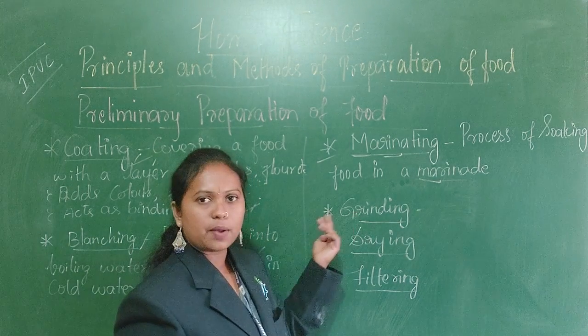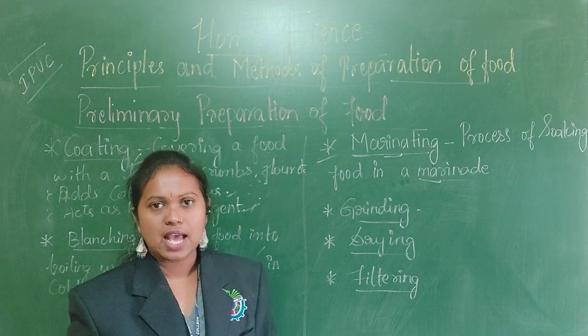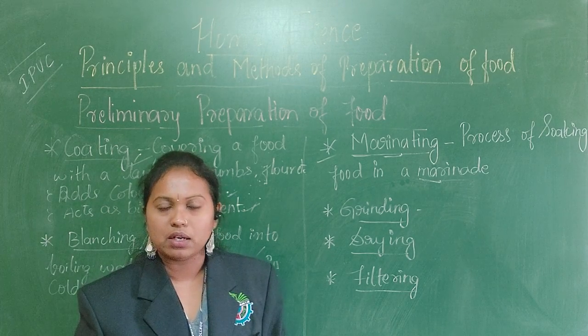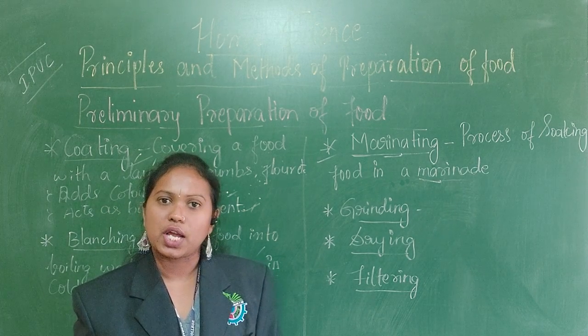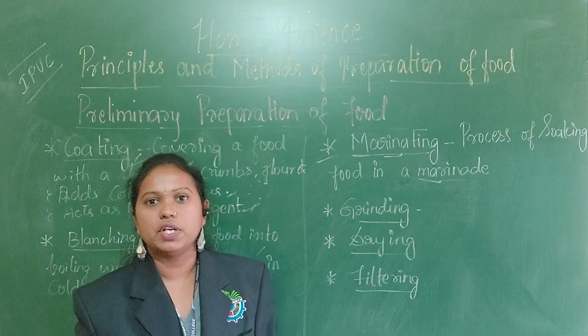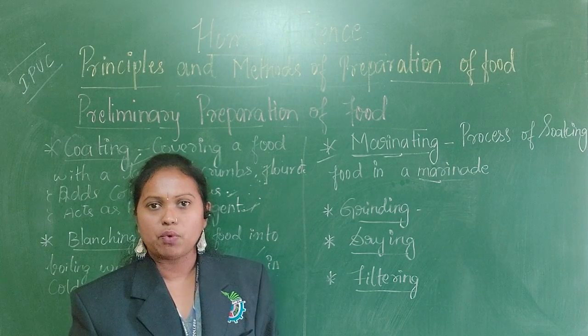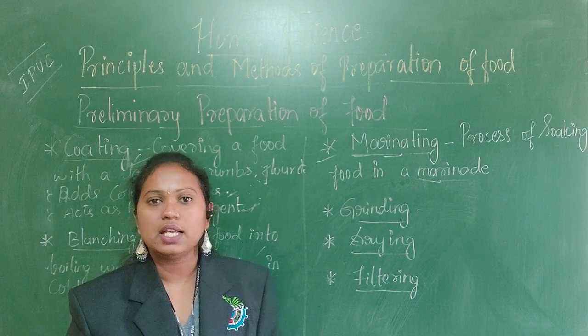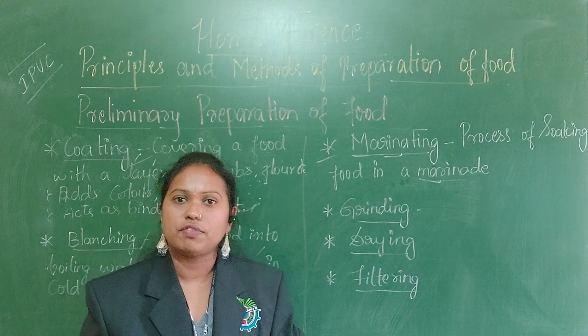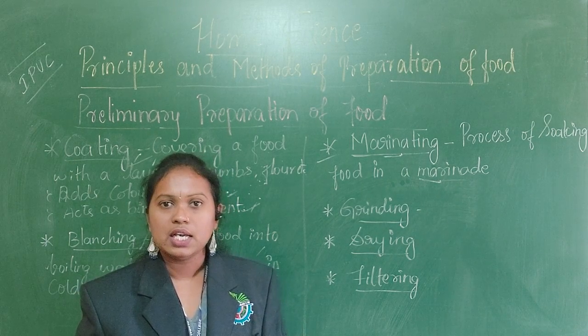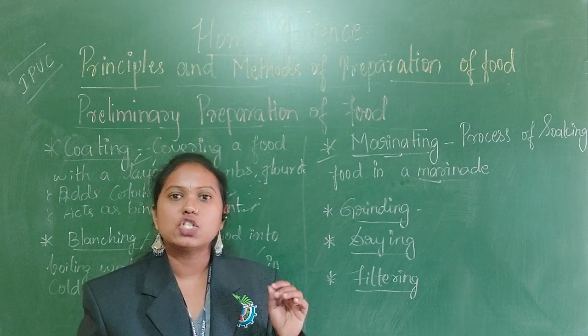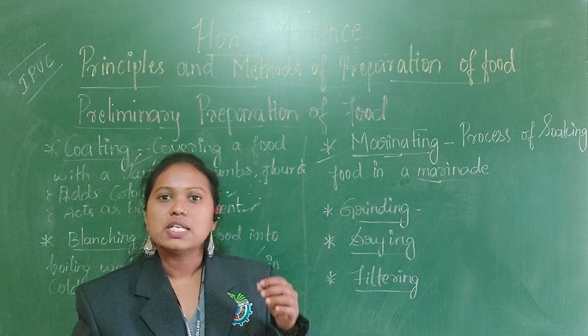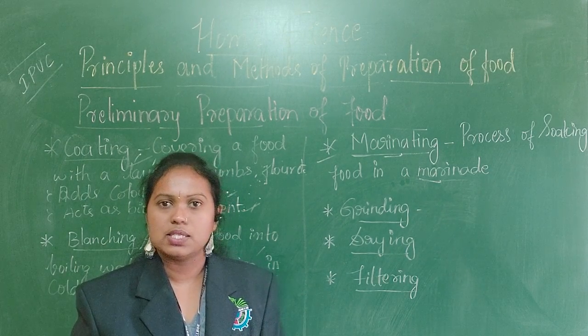Next is grinding. Grinding can be wet, as in the case of chutney or idli batter, or it could be dry grinding, in the case of masala powder, coffee powder, etc. Grinding helps in the proper blending of the flavors. Grinding is a process of breaking solid food items into smaller or fine particles.